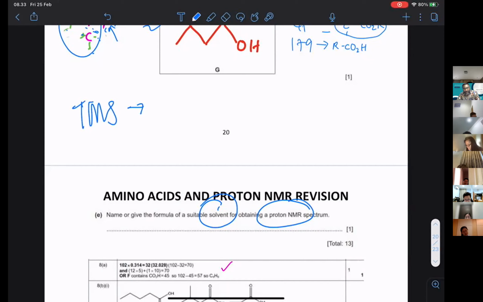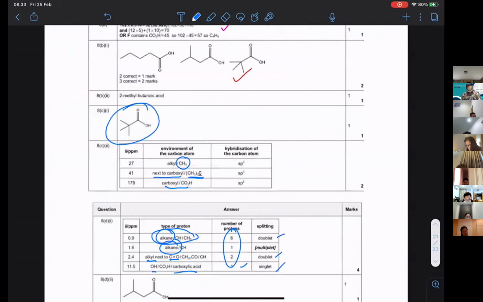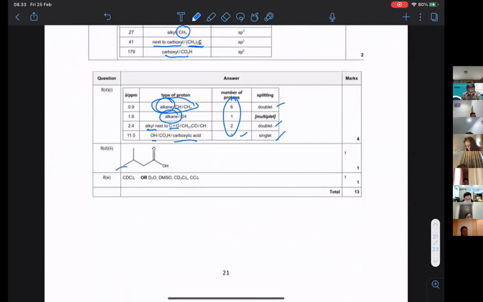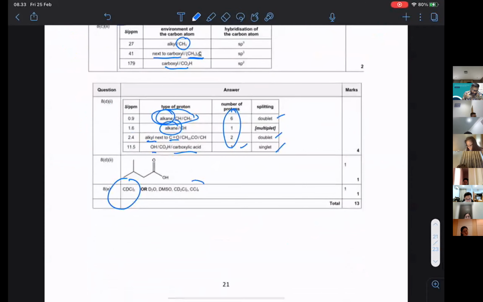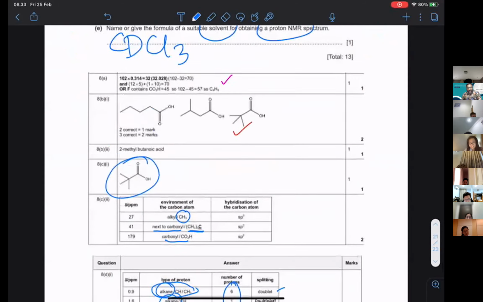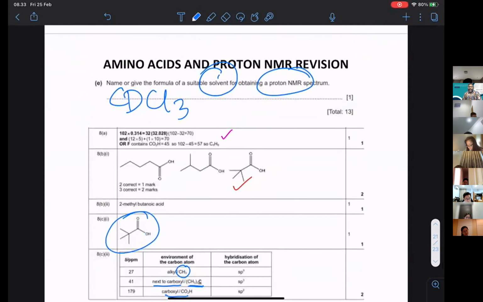Do remember, TMS is a reference compound. If they are asking about the solvent, it is going to be CDCl3, or they say you can use CCl4, all that. But the moment they ask for the solvent, let it be proton NMR or carbon-13 NMR, it's always going to be CDCl3.